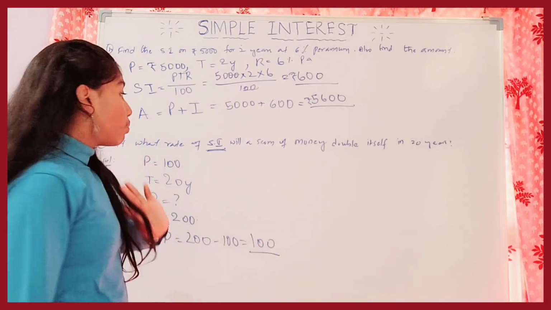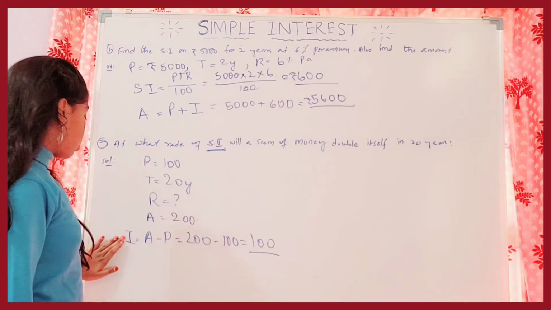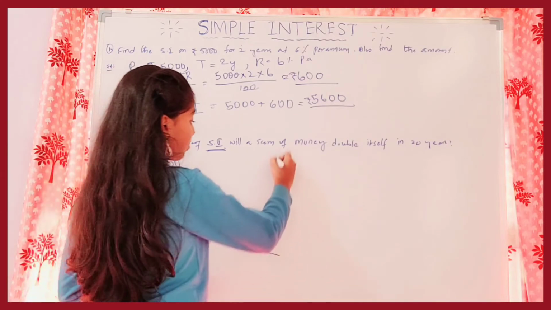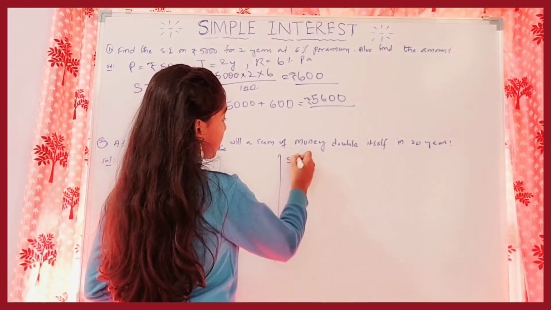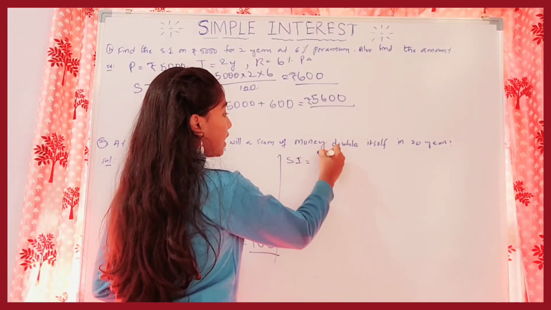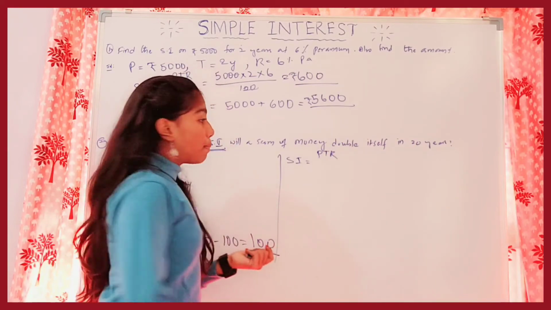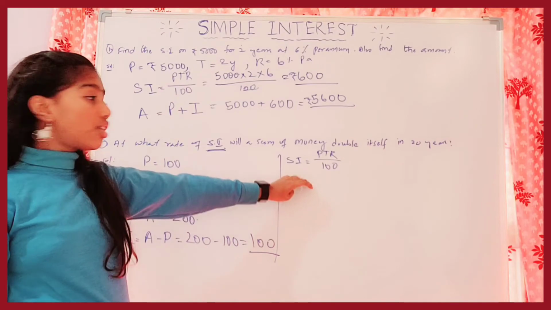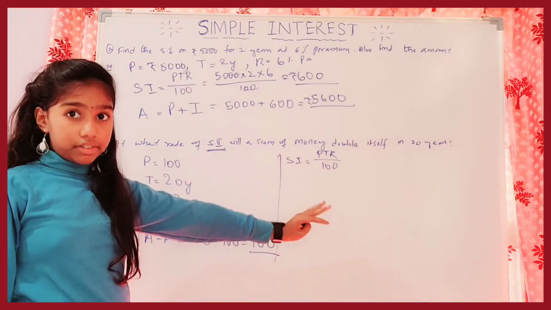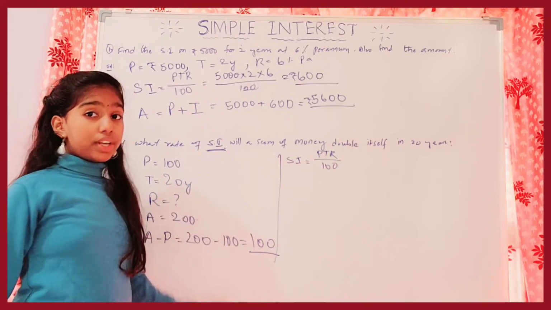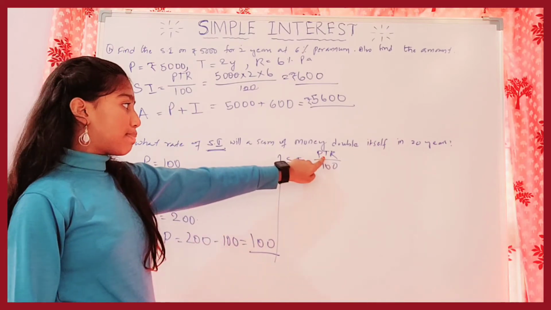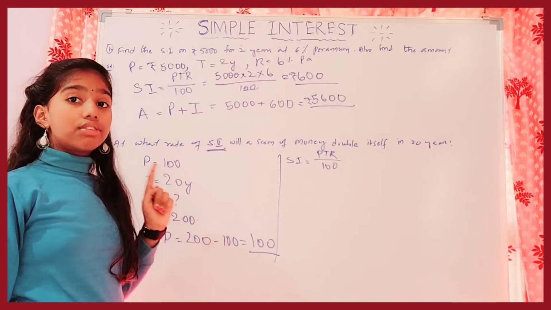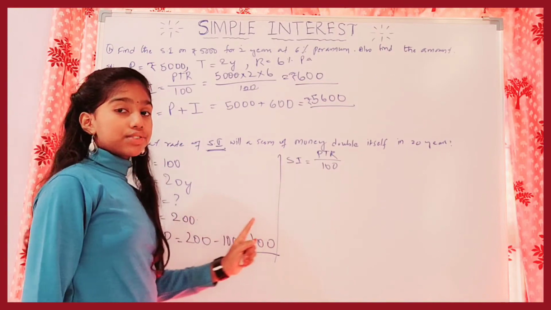Now we want to find the rate. We know the simple interest formula: simple interest is equal to PTR by 100. Now we know the principal, we know the time, and we don't know the rate. We have to find the rate, and we know the interest.